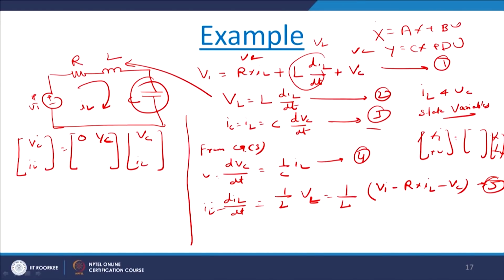IL dot equals, concerned with VC, minus 1 by L into VC, then about IL, minus R by L. Plus, you see here VC dot equals 1 by C into IL, so we write 0, and here IL dot, in terms of input voltage, the input is 1 by L into VI.